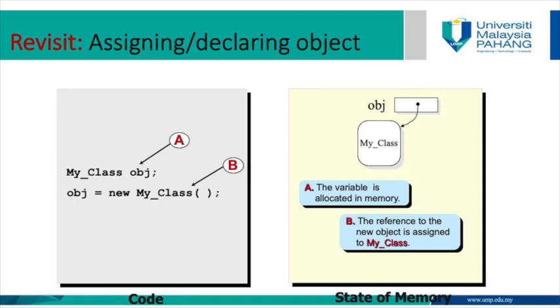And then when you write obj = new MyClass(), the reference to the new object is assigned to obj. That's how you see it in the code, but in the state of memory, behind the scenes of the code, that's how it works.